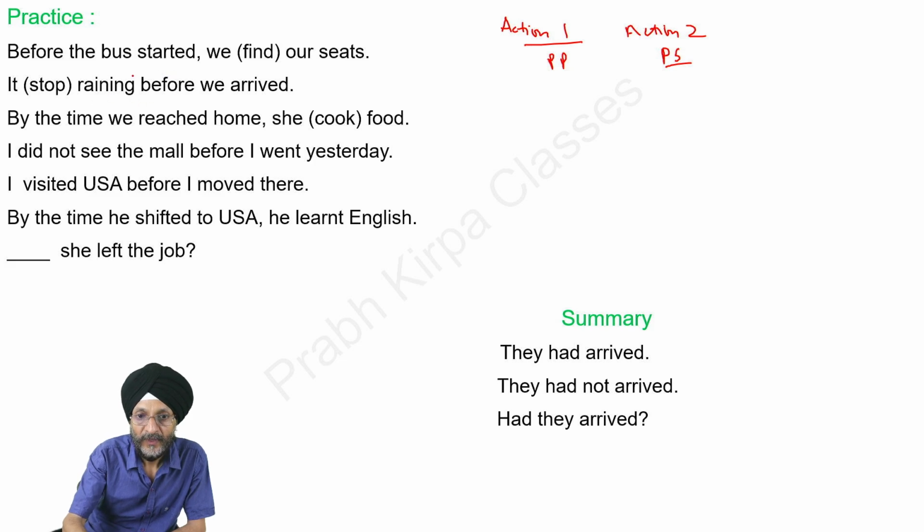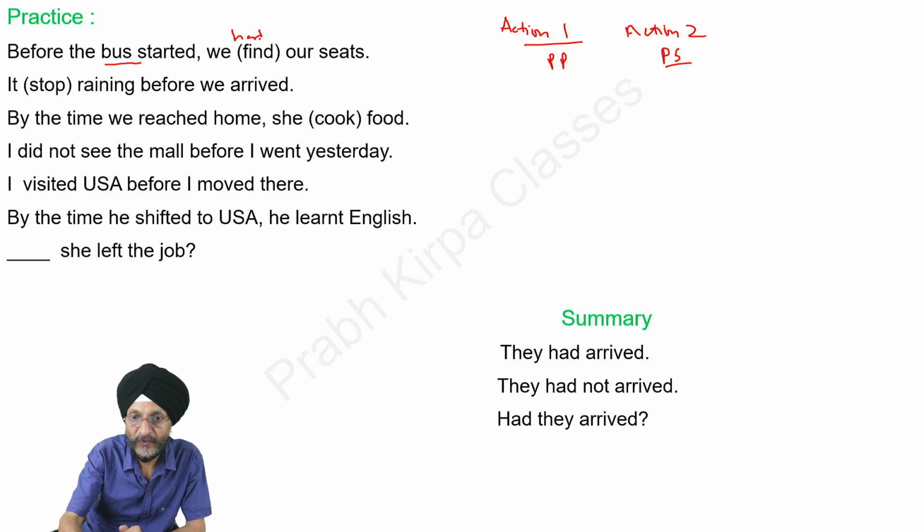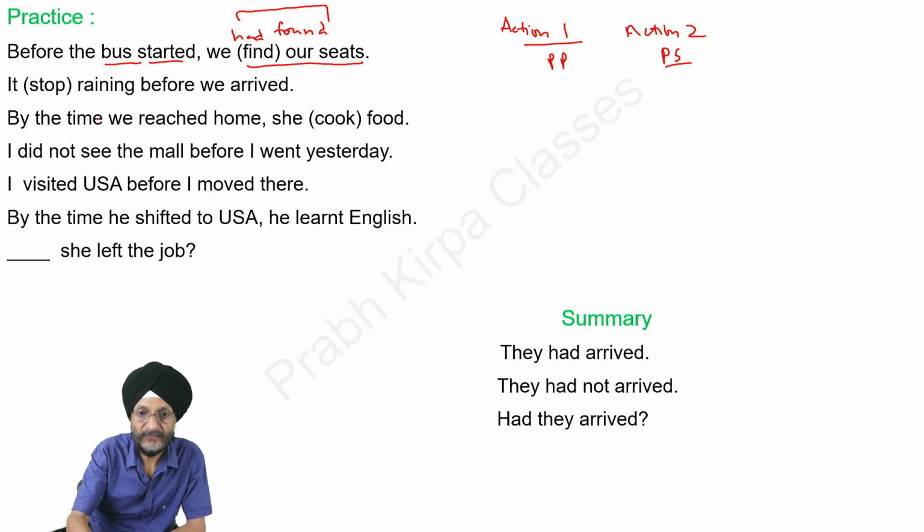So here, before the bus started, this is the second action. We had already found our seats, so we will mention that we had found our seats. This is in the past perfect form, and this is in the past simple form.